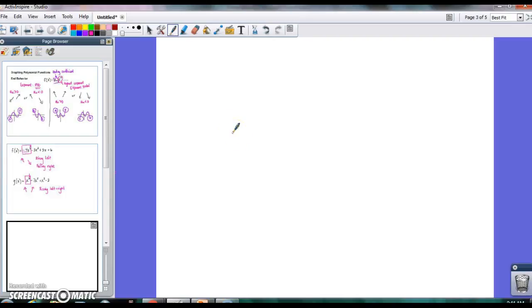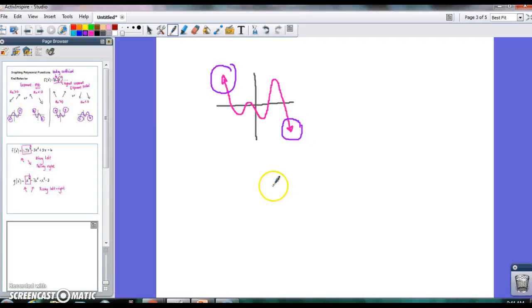So let's say I gave you this graph right here. Now, if I just gave you the graph and I said, tell me if it's an odd or even degree and if it's a positive or negative leading coefficient, the only thing I care about is what's happening on the ends.